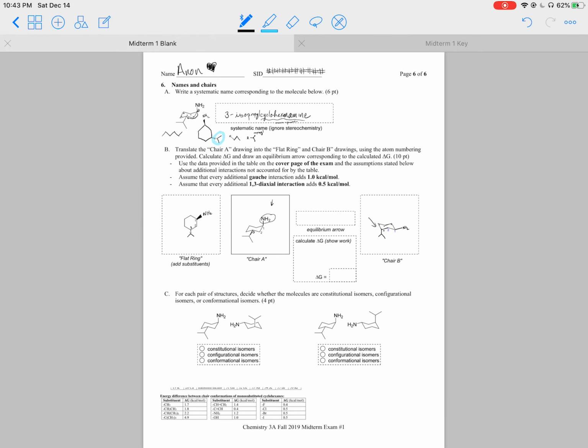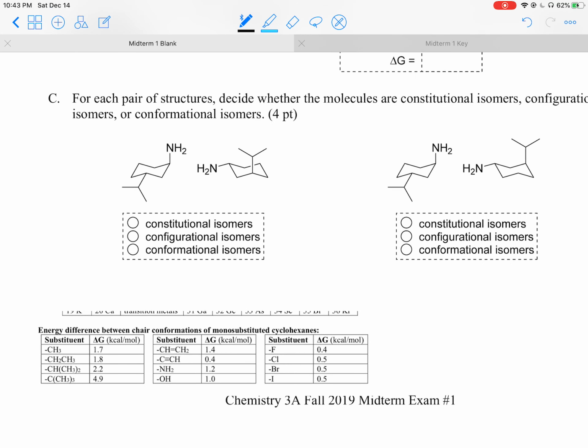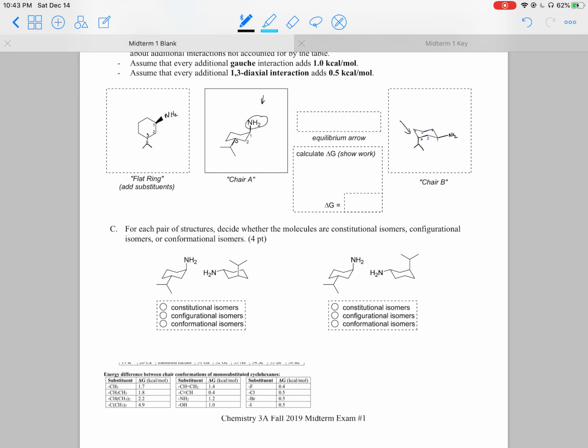And so I copied the information that was given to us on the first page with the energy differences. That was just on the first page, on a little scratch paper sheet. And so we're going to use that to figure out delta G here.